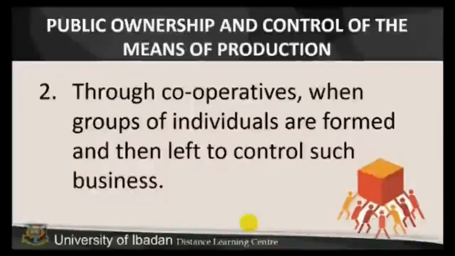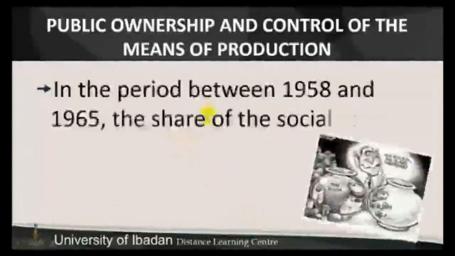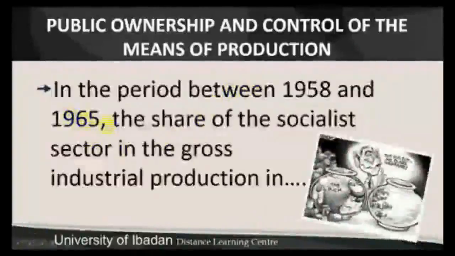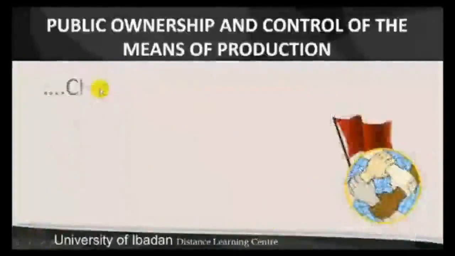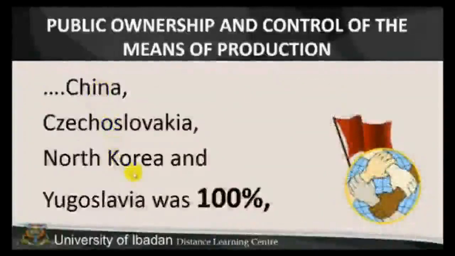For instance, while in the period between 1958 and 1965, the share of the socialist sector in the gross industrial production in China, Czechoslovakia, North Korea, and Yugoslavia was 100%.